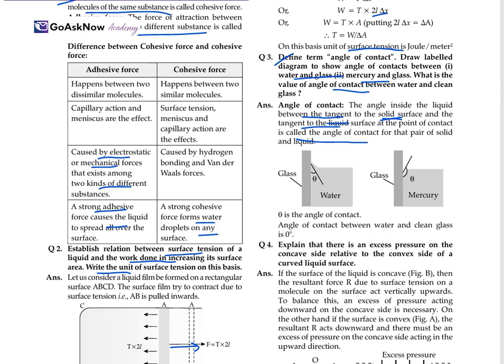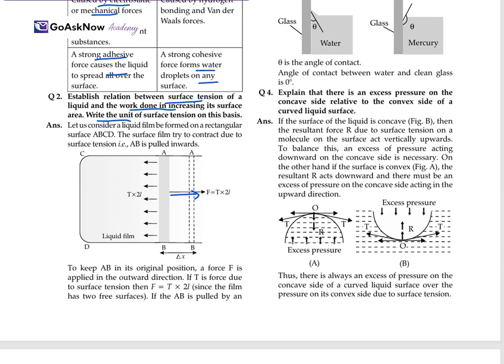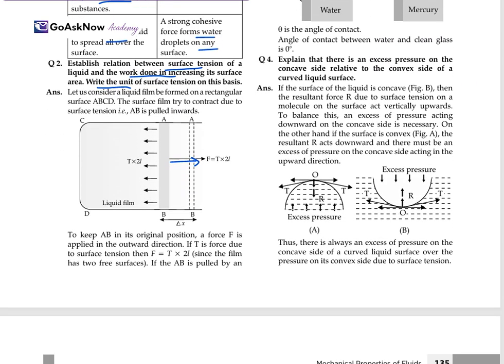Now, explain the pressure on the concave side relative to the convex side of a curved liquid surface. If the surface of the liquid is concave according to figure B, then the resultant force due to the surface tension on the molecules on the surface acts vertically upward. To balance this, an excess pressure acting in the downward direction on the concave side is necessary.